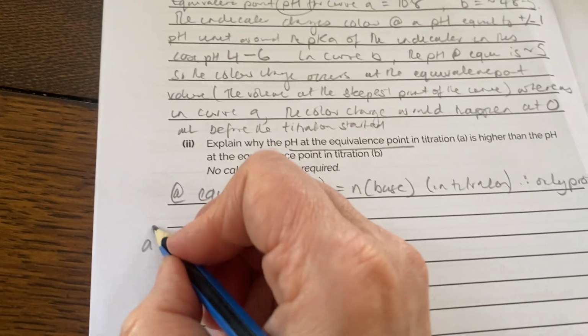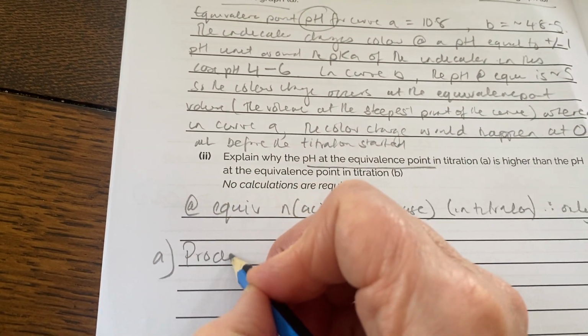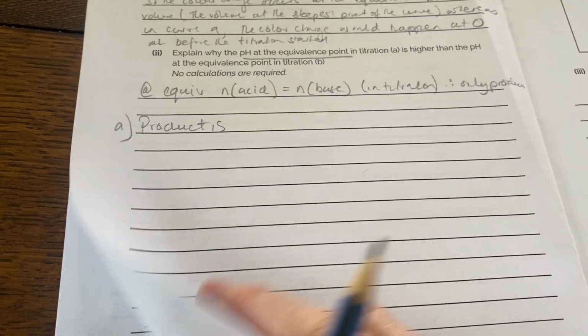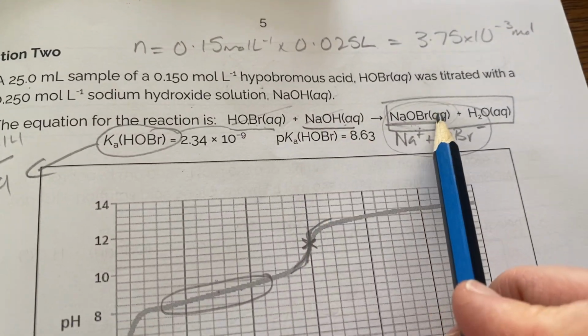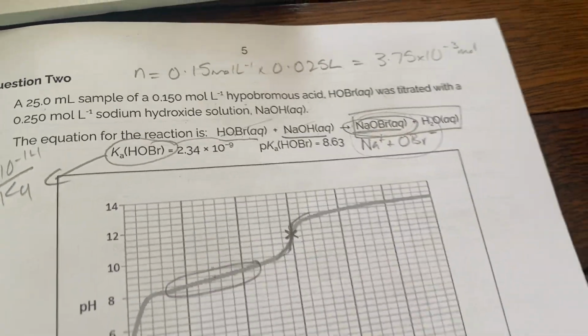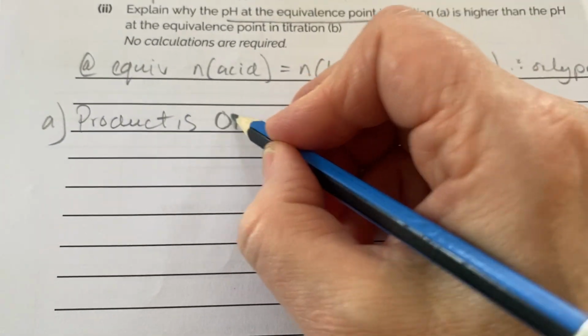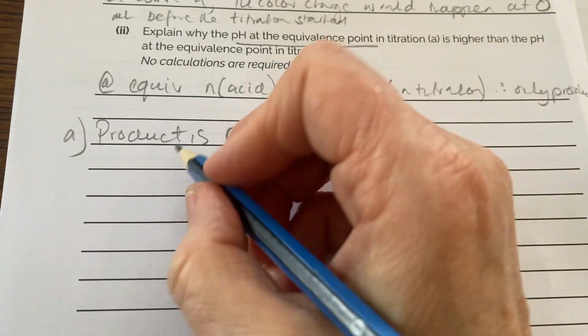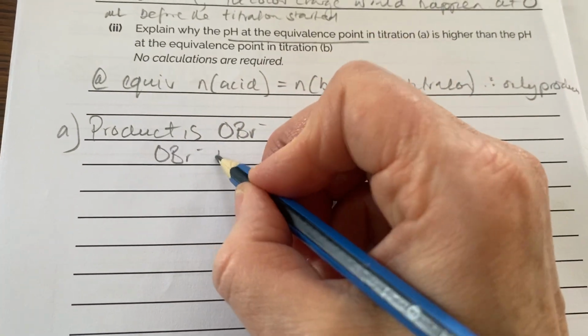Okay, so in A, the product from the reaction is, let's go back and have a look. Reaction A, the product is NaOBr, or OBr minus. So the product is OBr minus, a weak base. So let's write an equation for that.